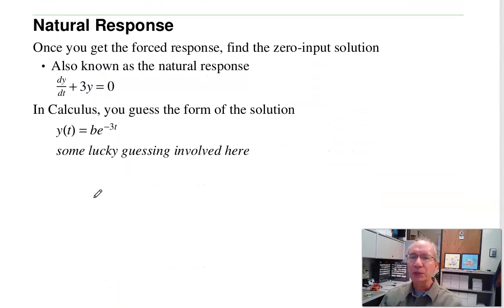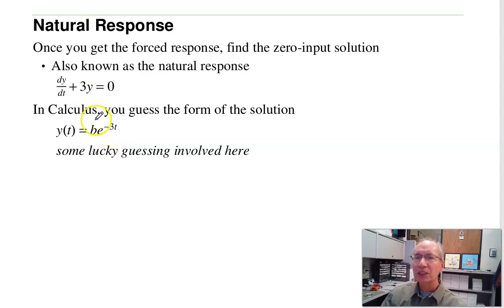Now find the natural response. The natural response is I solve the differential equation with zero input. Again, I have to guess the form of the answer. Sometimes it works, sometimes it doesn't. Turns out if you guess y is b e to the minus 3t, it'll work. Some lucky guessing is involved here.